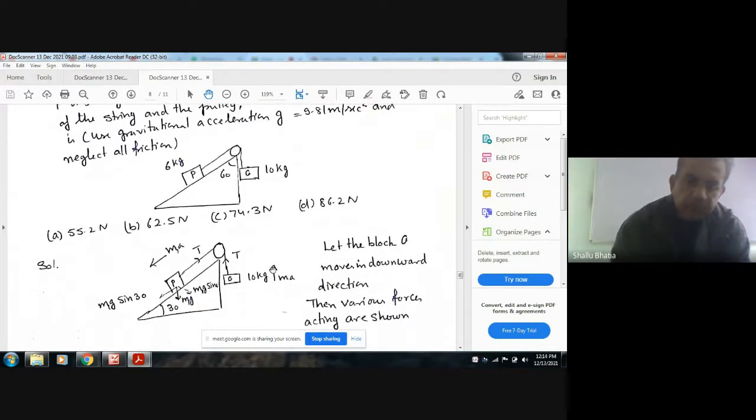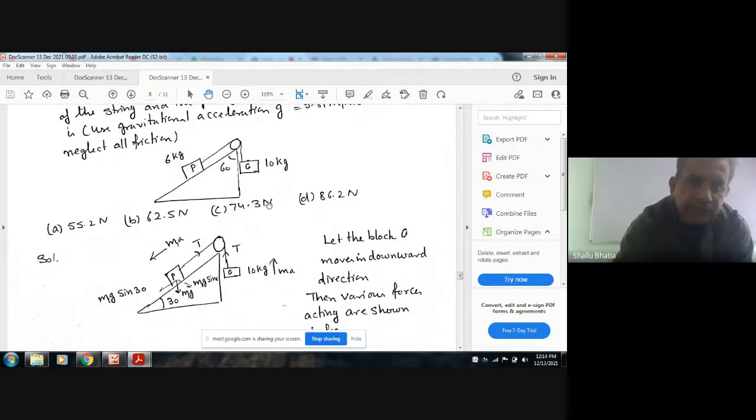Now as the mass 10 kg is more than 6 kg, the block Q will move downward. Suppose a is the acceleration of block Q, then m2a will be the inertia force, m2g the gravitational force, and T the tension in the string.